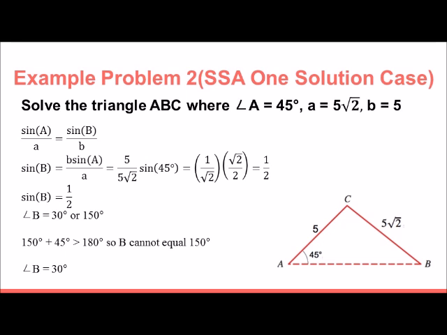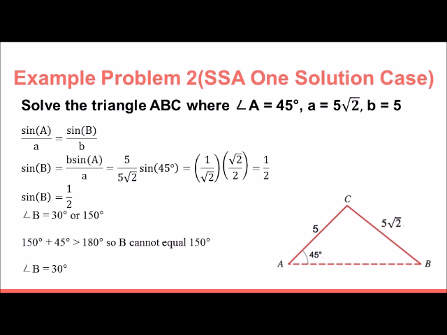In this problem, we will cover the side-side-angle, one solution case. Imagine we have a problem like this. Solve the triangle ABC where angle A equals 45 degrees, side a equals 5 root 2, and side b equals 5. We will use the law of sines to solve for angle B first.